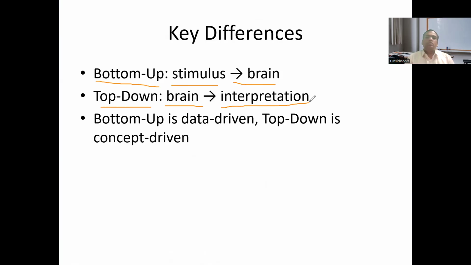In top-down processing, first your brain will work, then it will be interpreted. In bottom-up, the stimulus, what you see, what you hear, will be given to the brain.